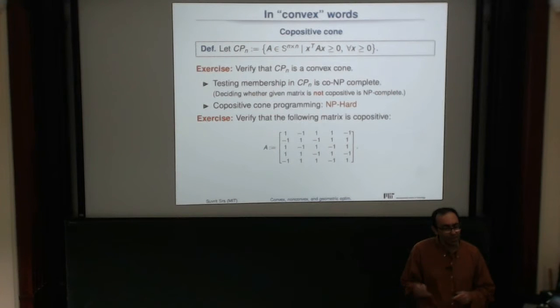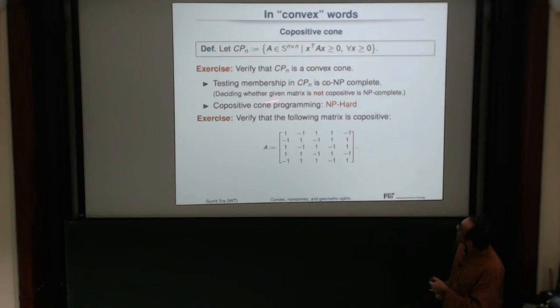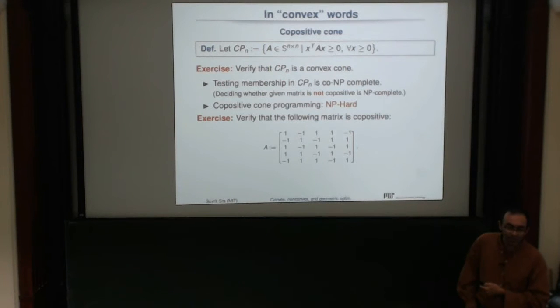I created a convex set over which I'm trying to optimize. If I cannot efficiently test membership in this set, then I can't really optimize over this set. And that's what it boils down to. As I mentioned on the last slide, this is difficult to test.